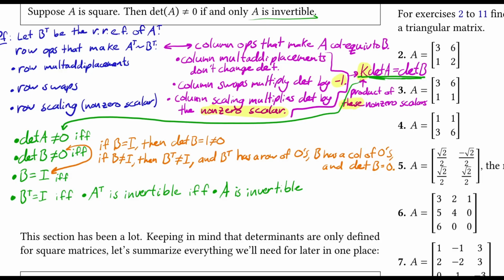So, yeah, we have connected the fact that the determinant is not equal to 0 with the fact that A is invertible by way of the reduced echelon form of A transpose, because row reducing A transpose is the same thing as column reducing A, and we know how those column operations affect the determinant. So yeah, that proves the theorem.